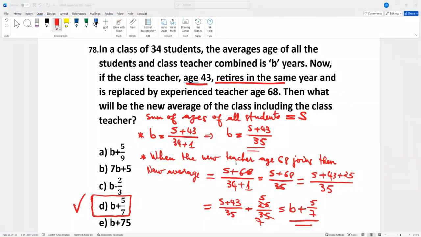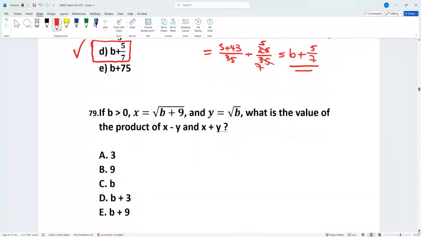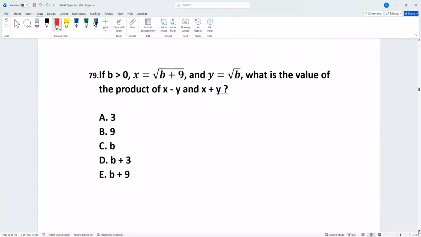Okay, let's take the last but one question. It says if b is greater than 0, x equals square root of b plus 9 and y equals square root of b, what is the value of the product of x minus y and x plus y?